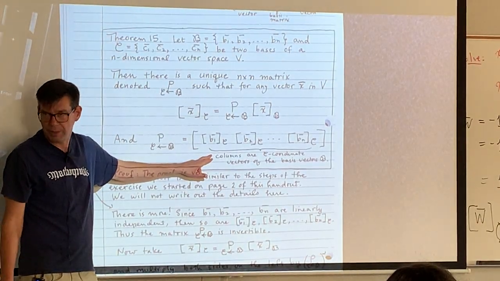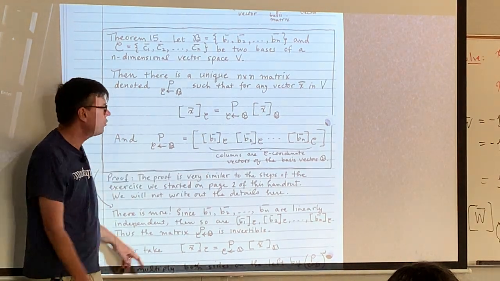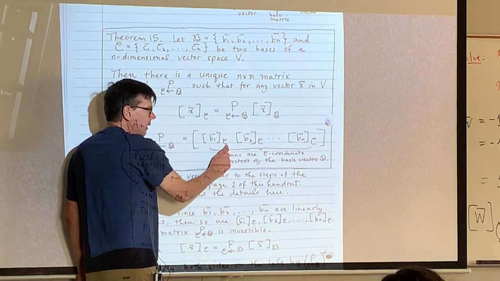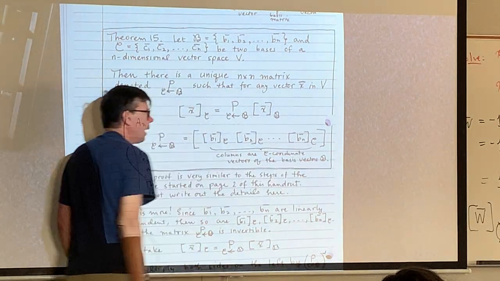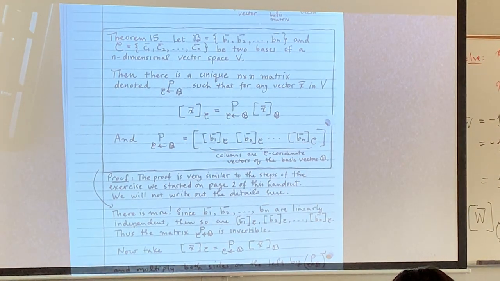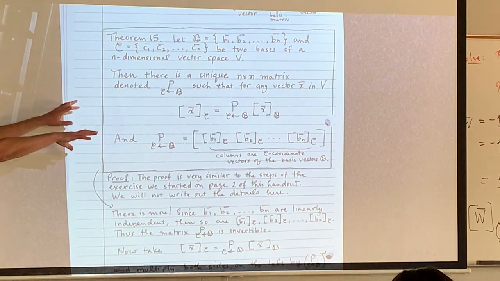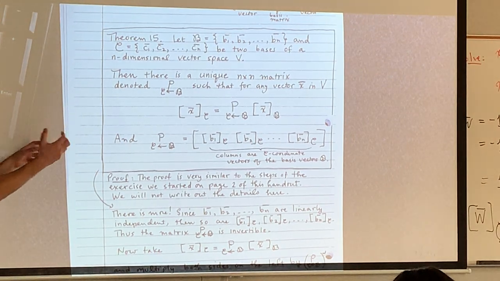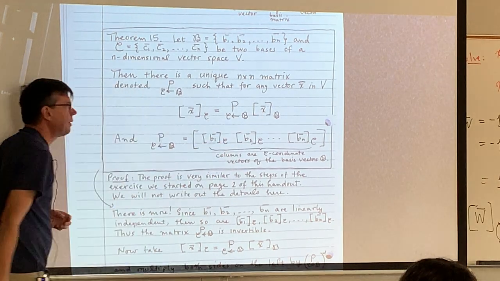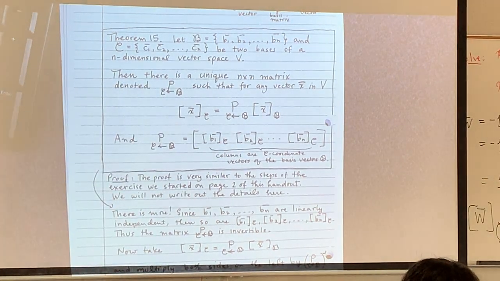So the tricky thing is you don't want to get this backwards. You don't want to say these are the C1 through Cn expressed in B coordinates. We've got to try to keep that straight. And the motivation leading up to this is meant to help you believe this is really what makes sense to multiply the B coordinates by to get the C coordinates of a vector.